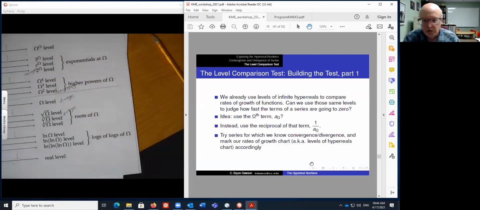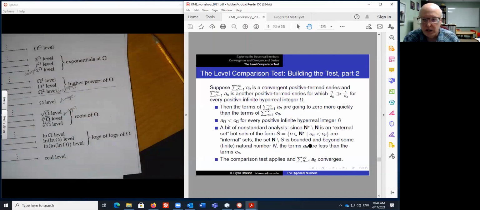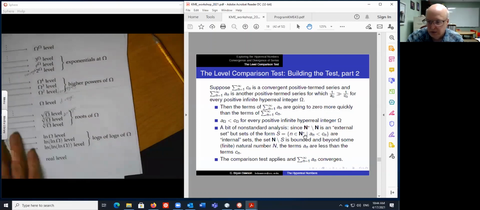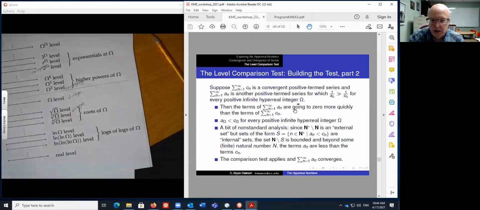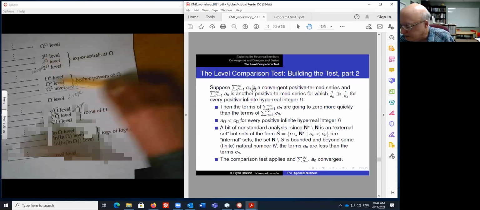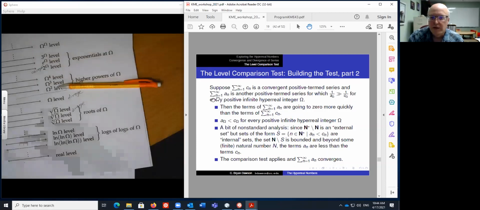Okay. So for time's sake, I want us to go ahead and go through this next slide fairly informally. Suppose you have a convergent positive term series, like one of these, and you have another positive term series for which, when you do this 1 over a sub omega, it's on a higher level than 1 over c sub omega for every positive infinite hyperreal integer capital omega.